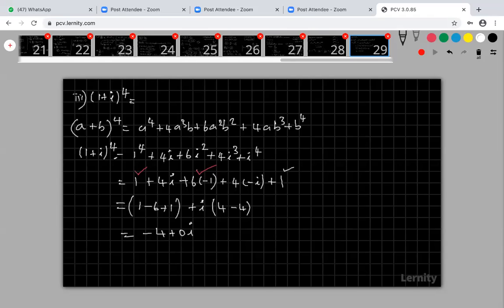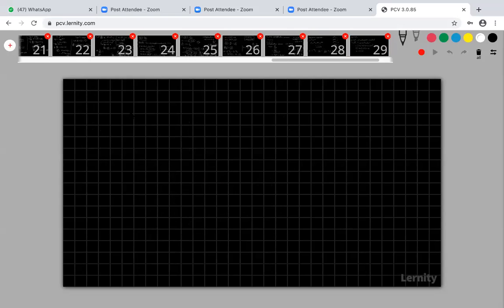Right. Now come to the next one, Argand plane. This we have also discussed in our previous class, and I am going to teach Argand plane again. Take the definition first.